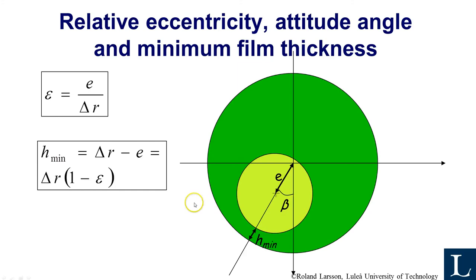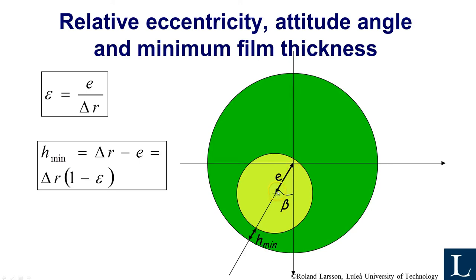Another thing to remember from journal bearing theory is that two important parameters are the eccentricity and the attitude angle. The eccentricity is the distance between the bearing's center and the journal center, while the attitude angle is the angle between the vertical line, the load line, we assume the load coming down here now, and the position of the journal.